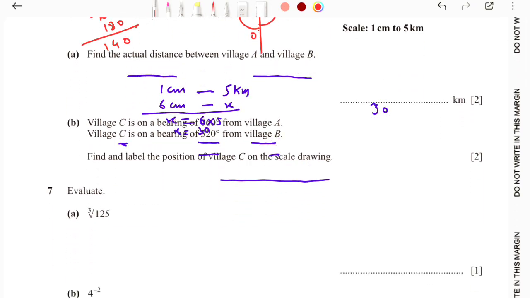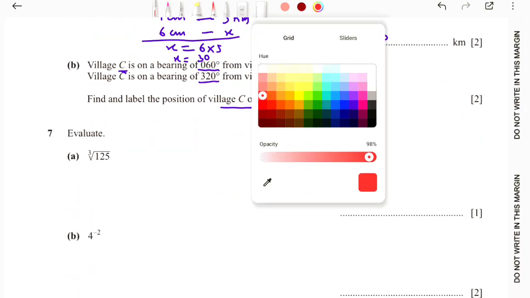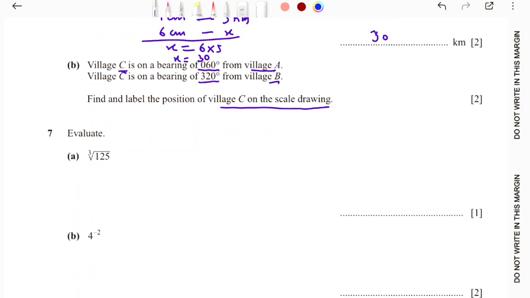Next question now. Evaluate 125 raised to power 1 by 3. So 125 can be written as 5 into 5 into 5 raised to power 1 by 3.